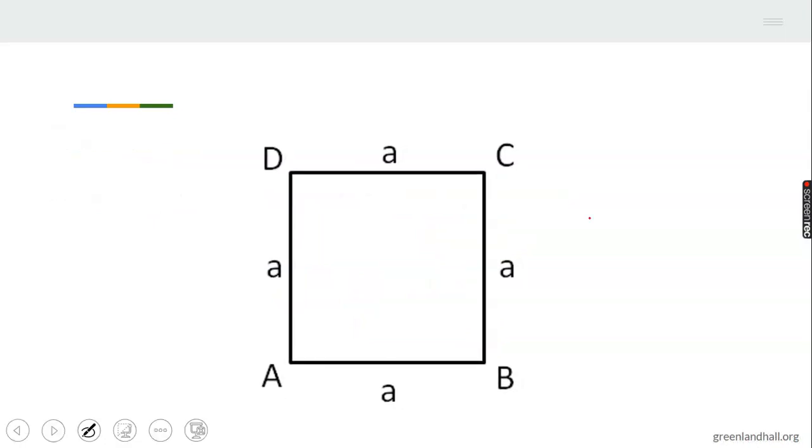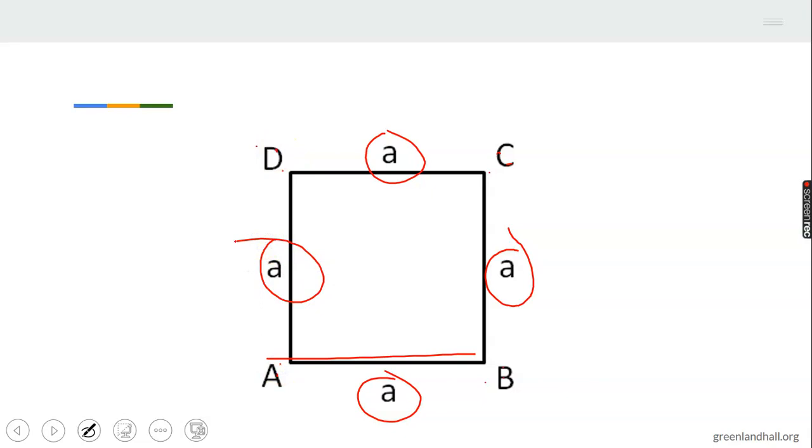Now, look at this shape very well. We have a square with sides AB, BC, CD, and DA. The length of AB equals A. You can see the length of BC equals A. The length of CD equals A. The length of DA equals A. All the sides are equal.